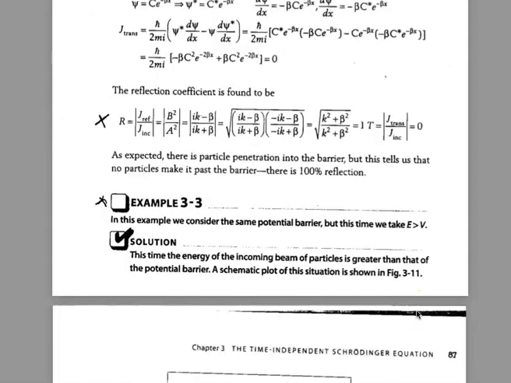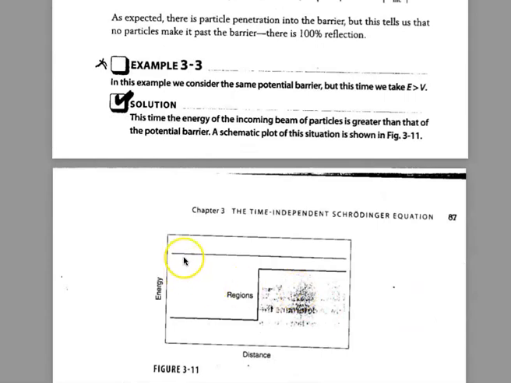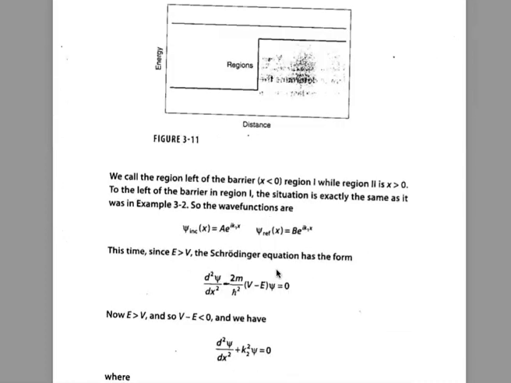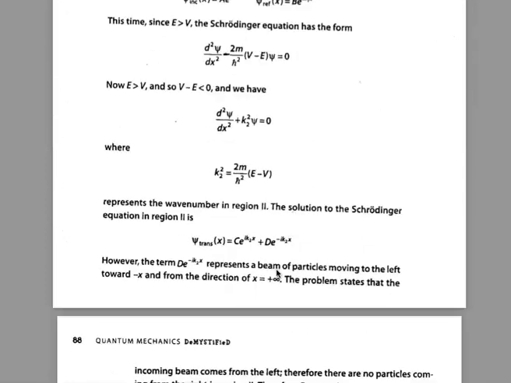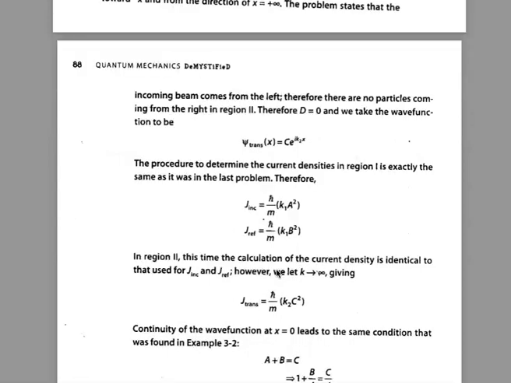In this next example, the particle comes in now with energy greater than the step. In classical mechanics, all of the energy would get through. But you will find out here for this situation, some of the energy is reflected. And so we go through the steps here of solving the Schrodinger equation.